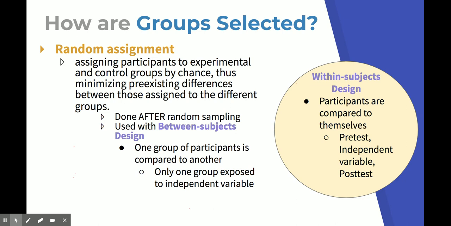They take a pre-test, then they're exposed to the independent variable, and then they take a post-test. That would be similar to what we talked about with our scientific method, where people were given a memory test before, then they slept or didn't sleep, and then took another test after. That's a within subjects design.